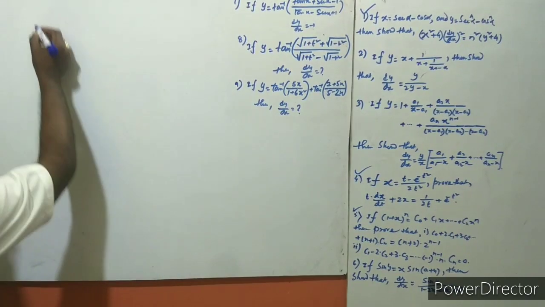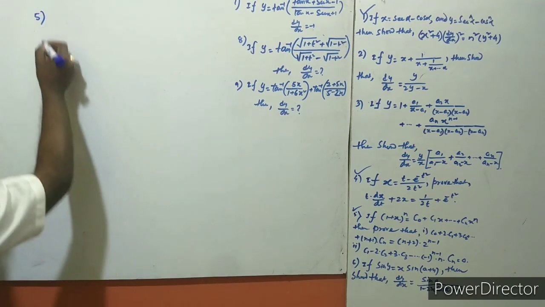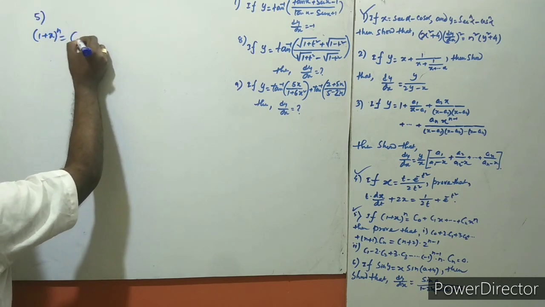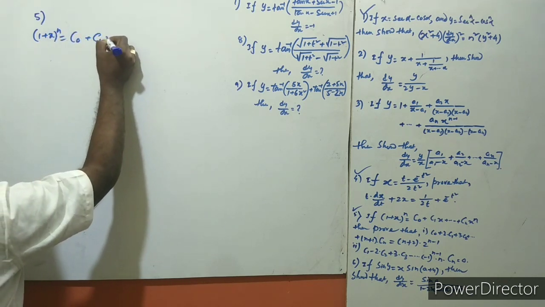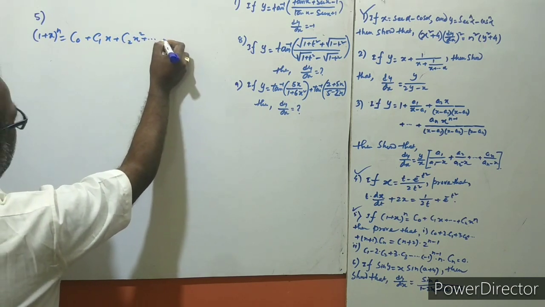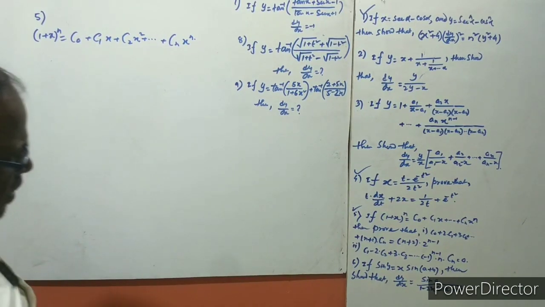See question number 5. Given that 1 plus x to the power n equals c0, c1x, c2x square plus dot dot dot cn x to the power n.